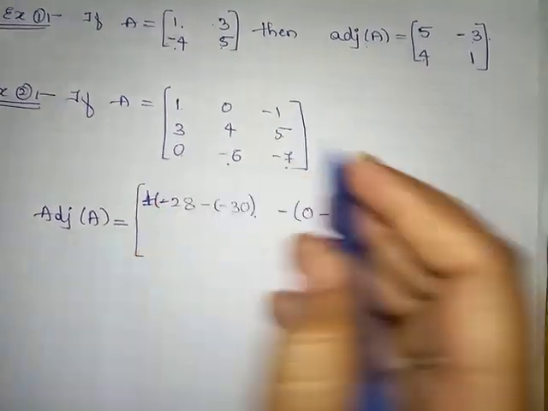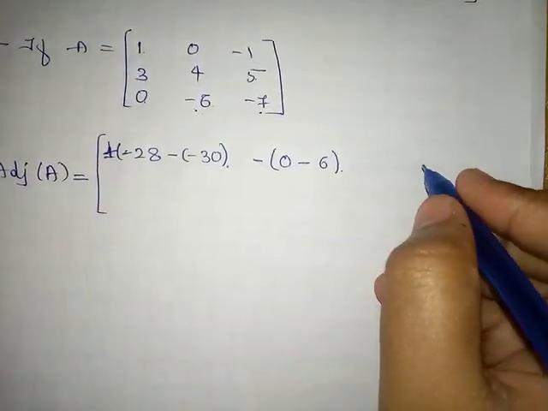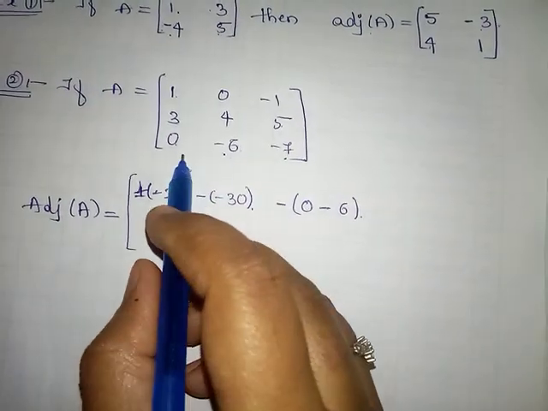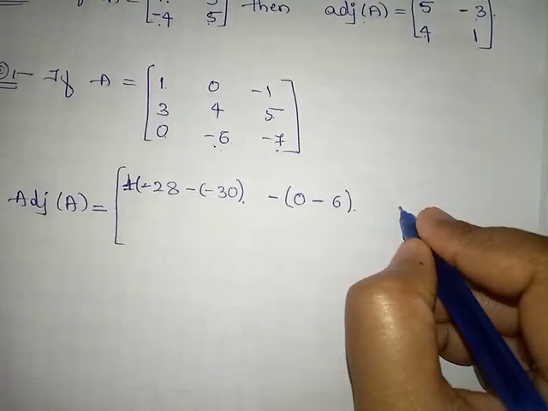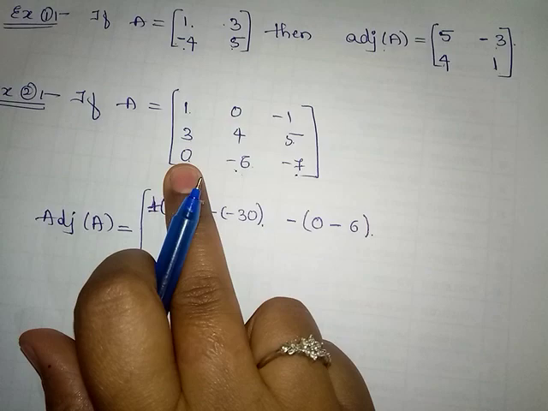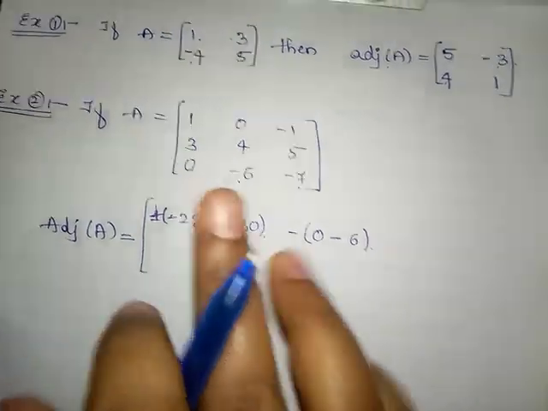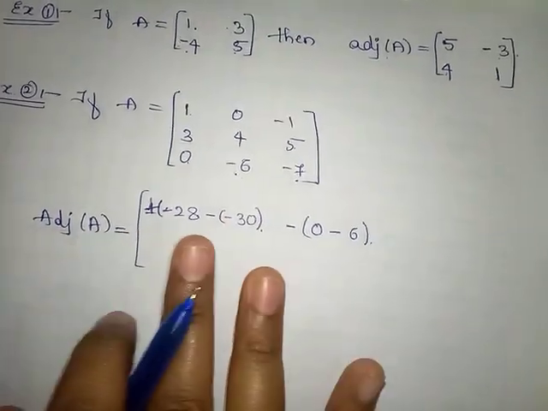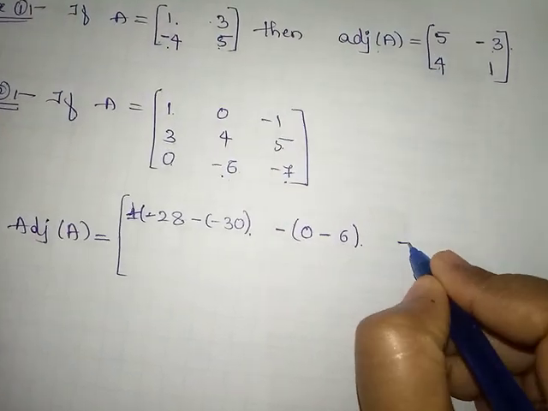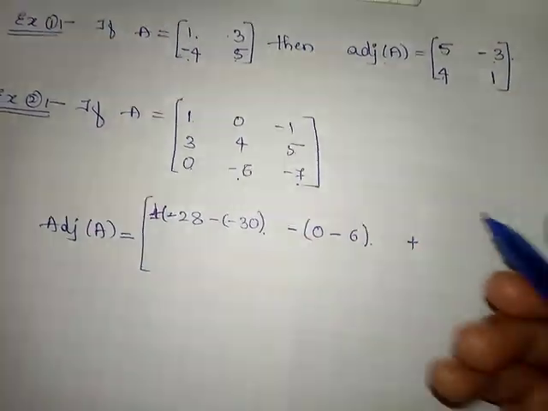Next element is 0, 0 into something is again 0. Sorry, here we are not taking 0. This procedure is only for finding the determinant, not the adjoint. Here it is plus, minus, plus.